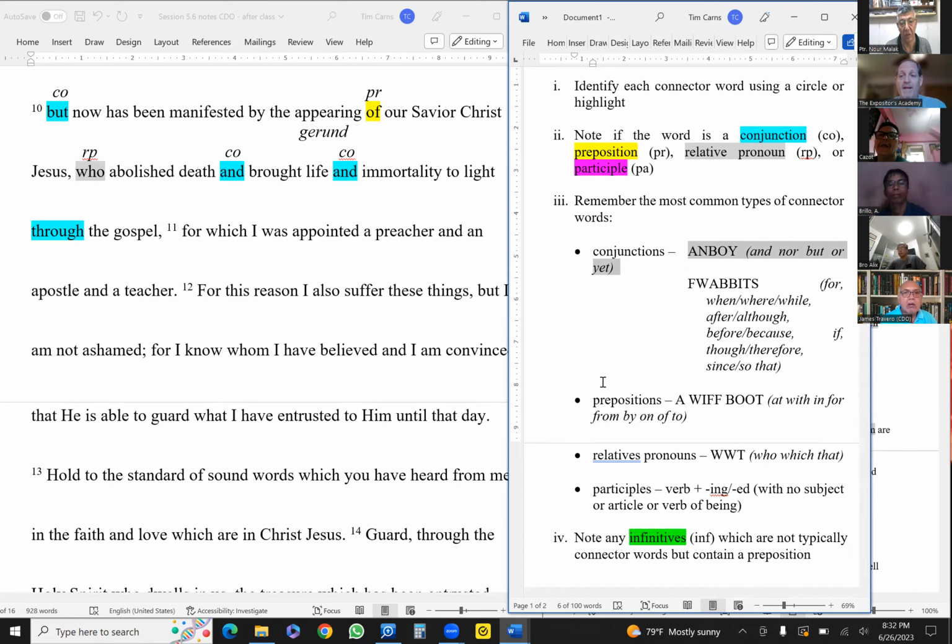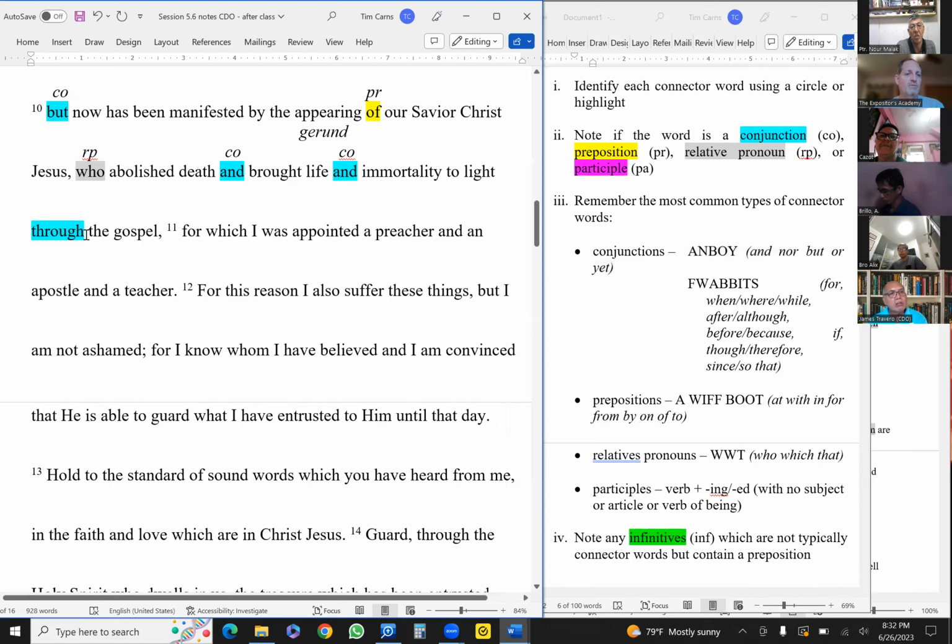If it's subordinating, that means a clause has to follow it. That's how subordinating conjunctions always are followed by a clause, a dependent clause. Now, in this case, when I look at what follows it, I just see through the gospel, and that's it. Because again, notice there's for here.